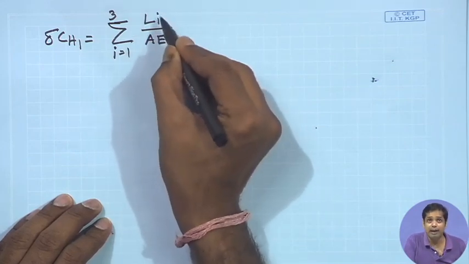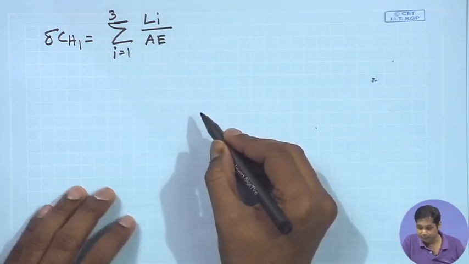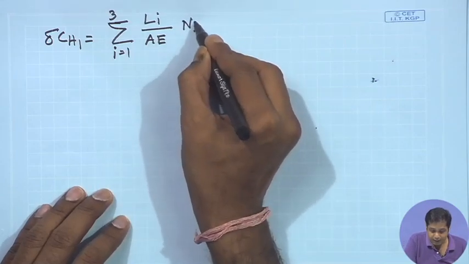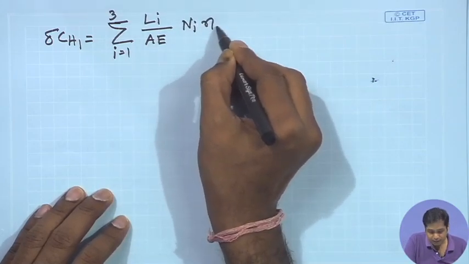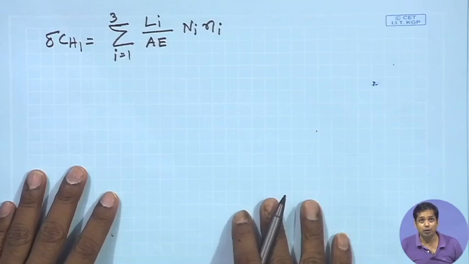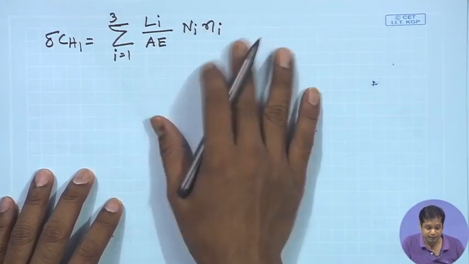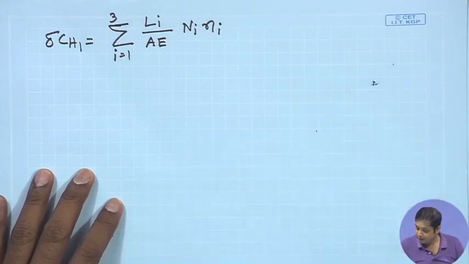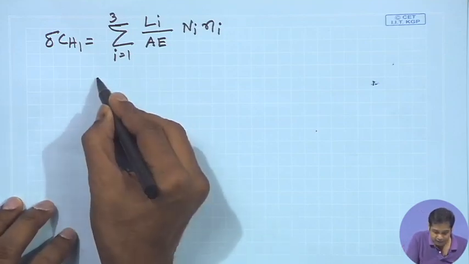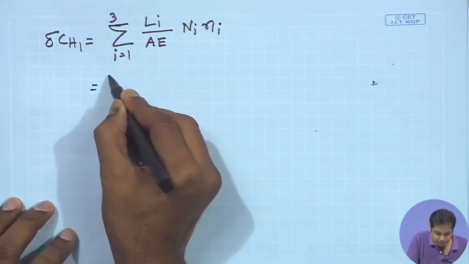The length Li is different for different members, then Ni into small n i, that is the unit load method. We discussed, in fact, we applied this method to a truss problem in one of the previous weeks.